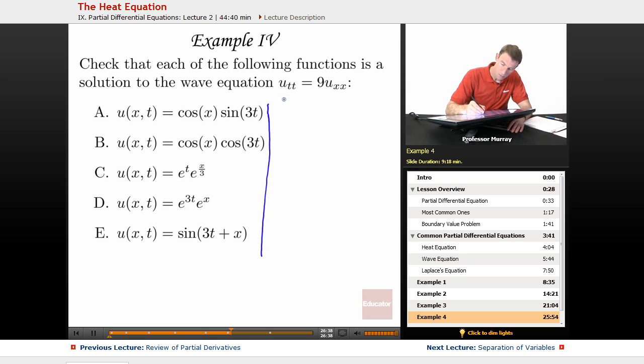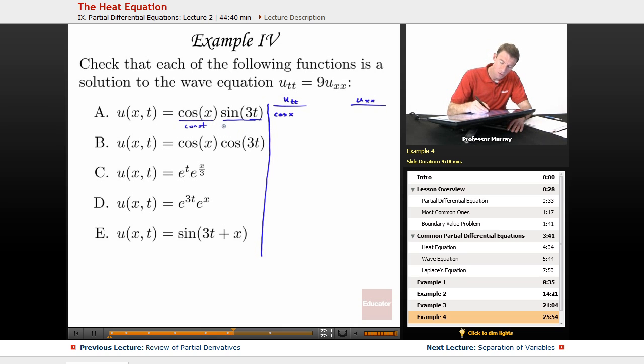So let's figure out u_tt, and then we'll figure out u_xx for each one of these functions. Now, for cosine of x times sine of 3t, when you figure out u_tt, we want to think of cosine of x as being constant. And so we'll just have cosine of x coming down. Now, for sine of 3t, we're going to take two derivatives.